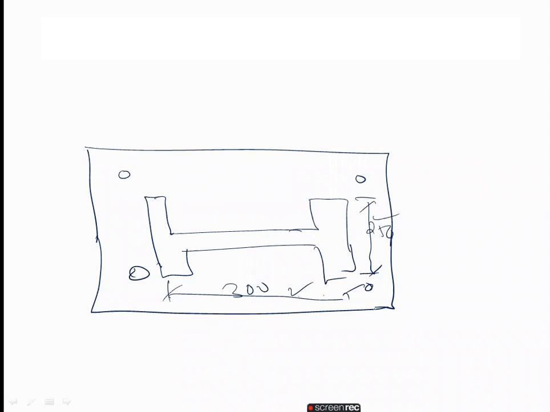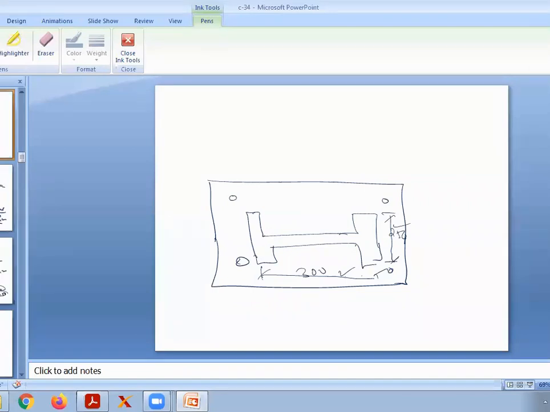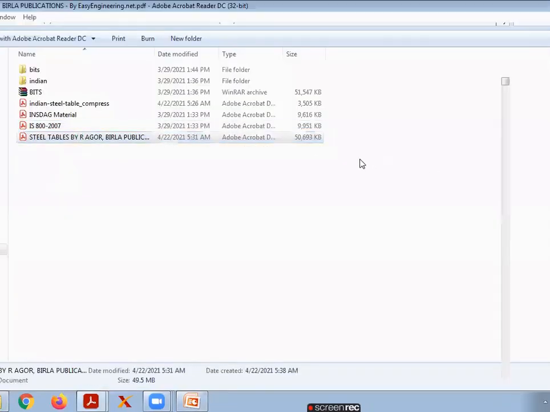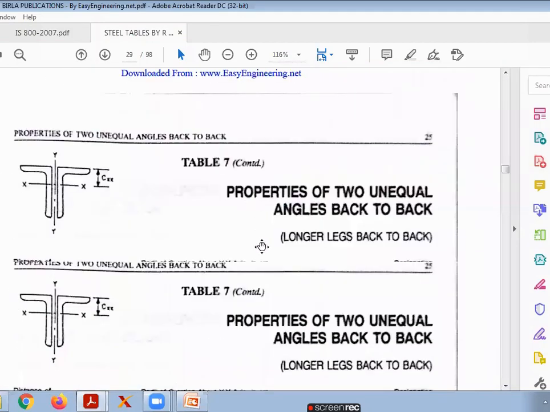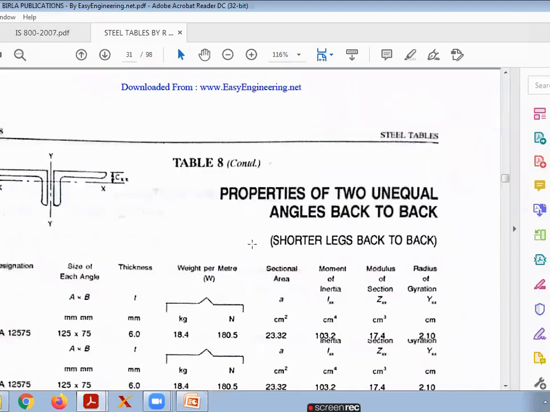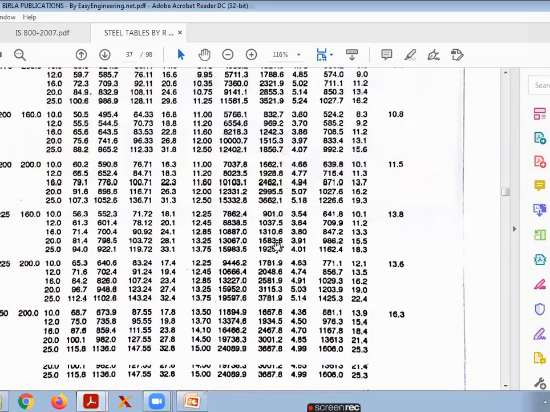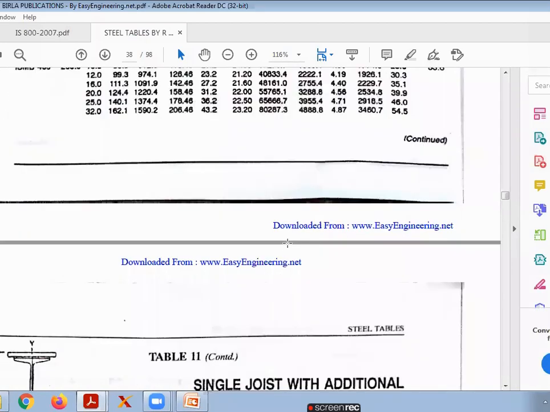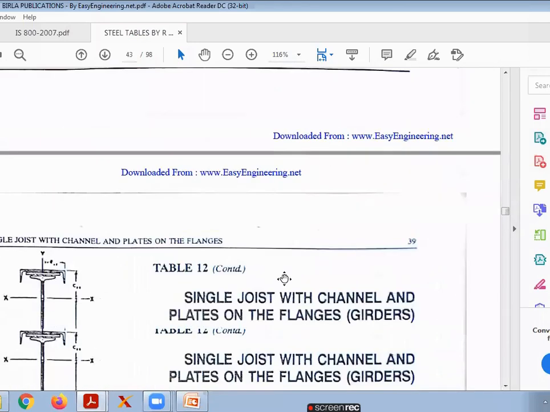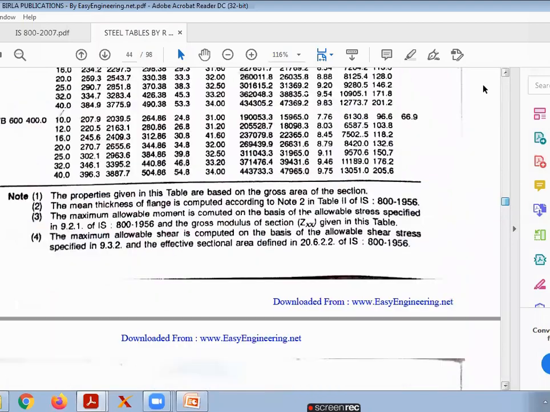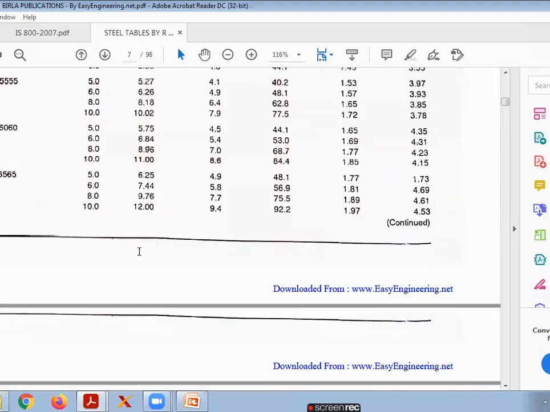Anyway, I will show you for clear understanding. I will open the steel table and go to the ISHB, Indian Standard Heavy Beam, in the rolled sections. So this is related to ISWB, ISMB. I don't know where it is. Sorry, one second. All of you open the steel table.